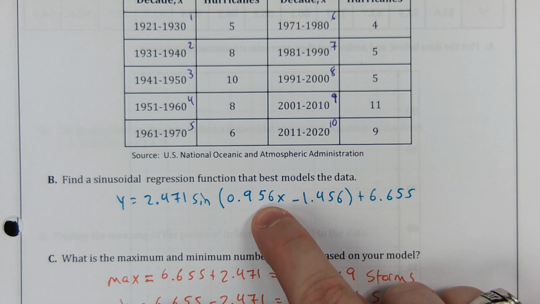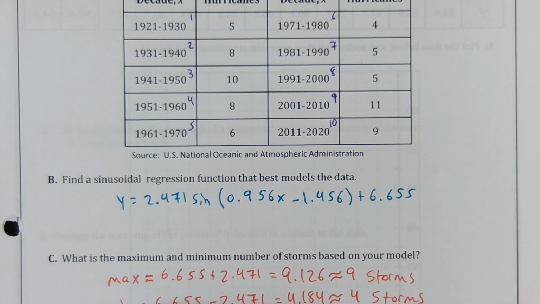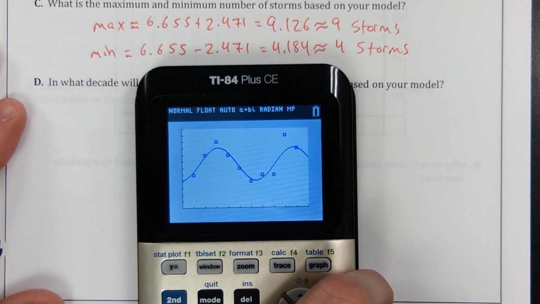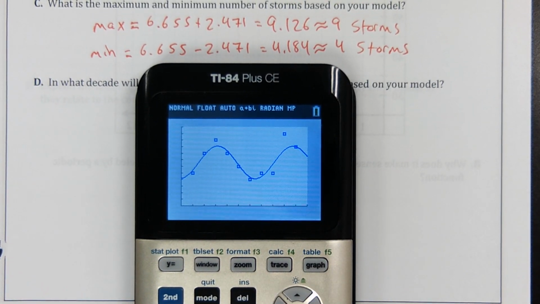I mean, that's completely up to us how we want to do it. Since we're doing graphing calculator stuff, I want to just extend my x-axis and see where the next maximum occurs. That way we can practice doing second trace maximum stuff.